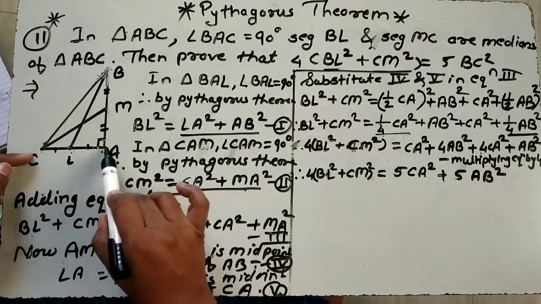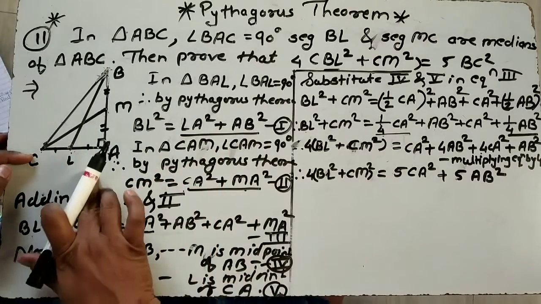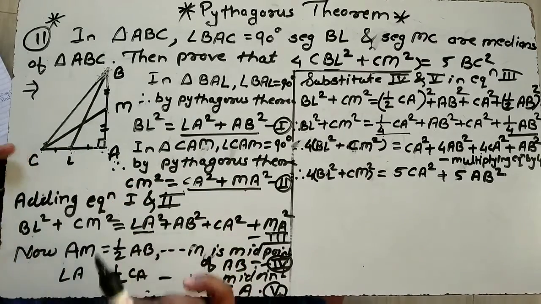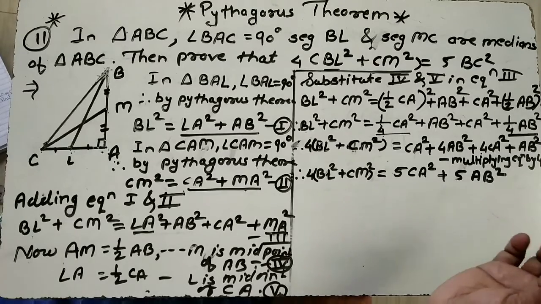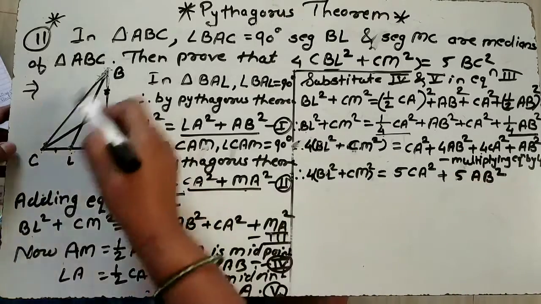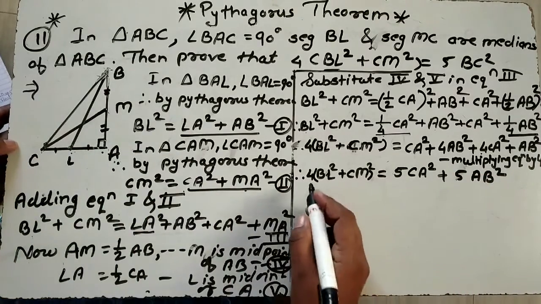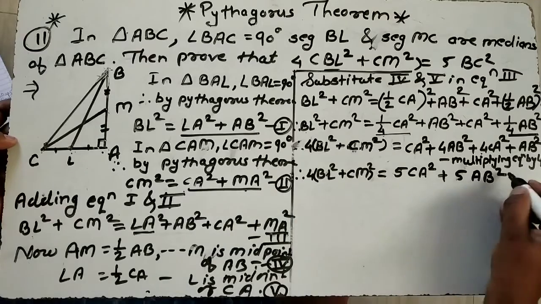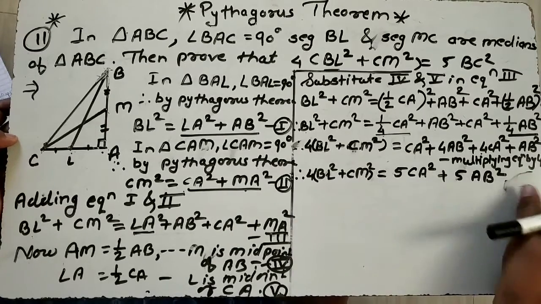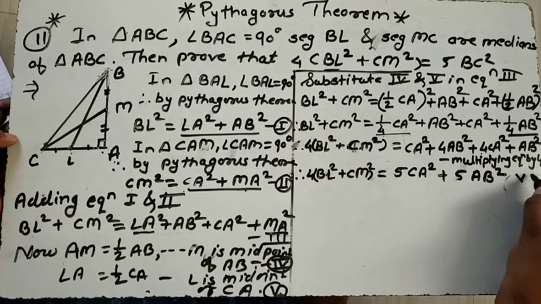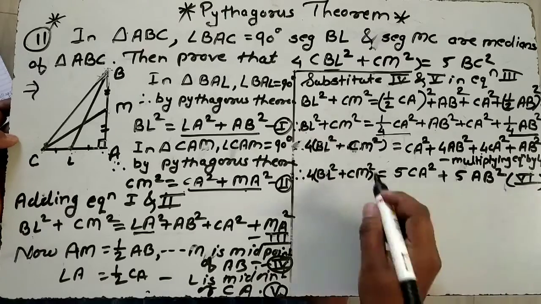If you see CA square plus AB square, these two are the sides which make the right angle of a triangle, in a right angle triangle. So in the triangle ABC, first of all this is equation number 6. Now we will find the value of BC.